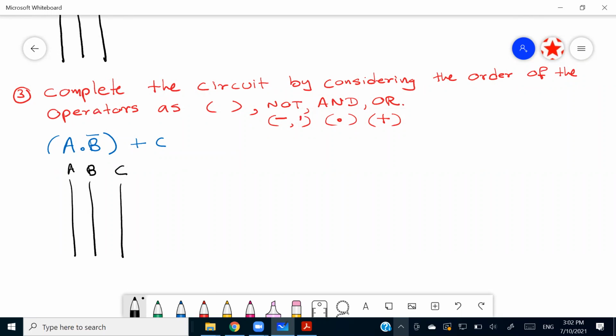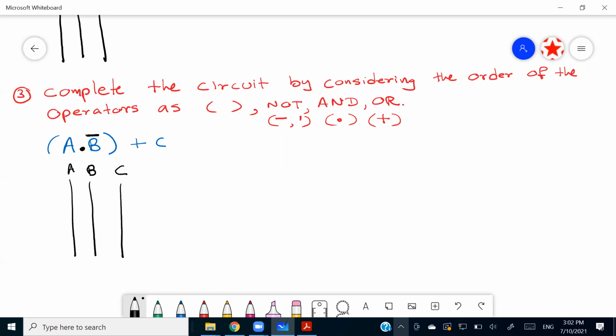So does this expression have brackets? Yes. So we are going into the brackets first. Inside the brackets, I got two operators, which is the dot operator, that means and, and the not operator, that means bar, right? So I got a dot and a bar. So which operator is going to get the priority? The not operator.